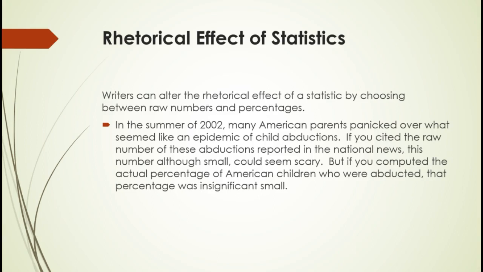If you cited the raw numbers of these abductions reported in the national news, this number, although small, could seem scary. But if you computed the actual percentage of American children who were abducted, that percentage was small.